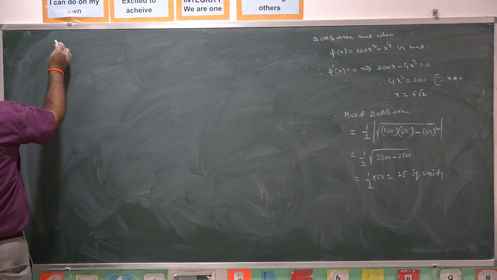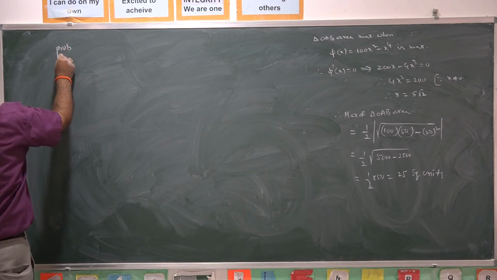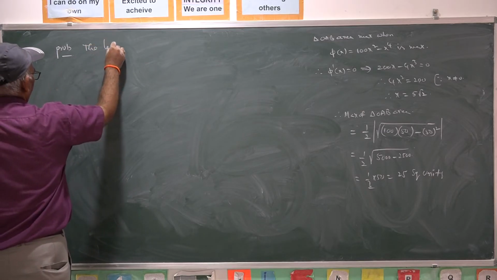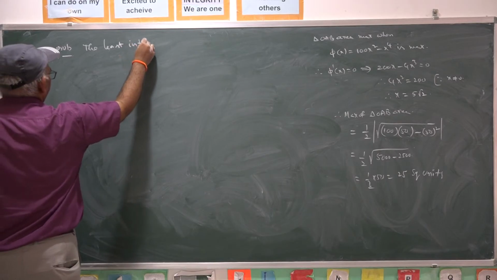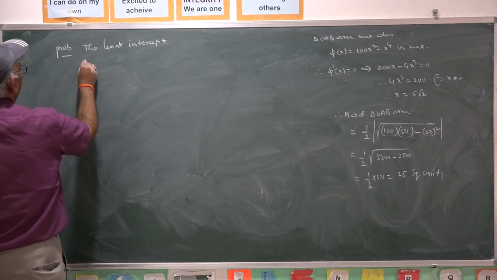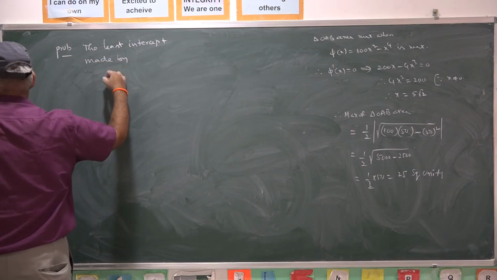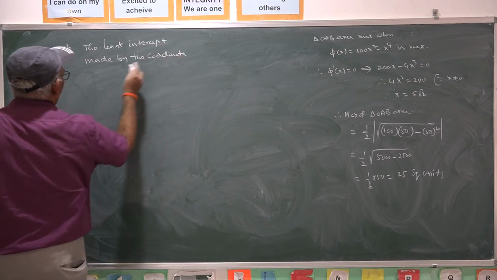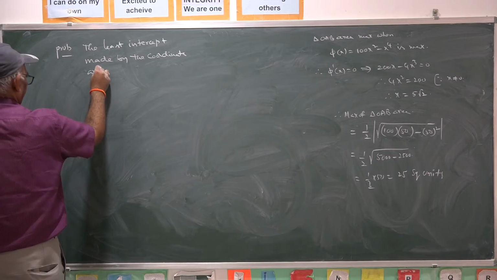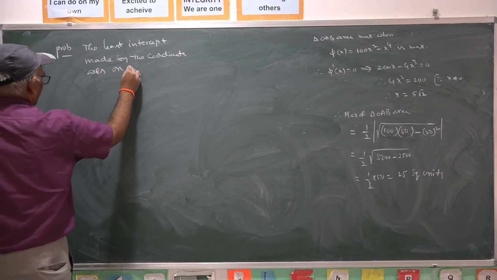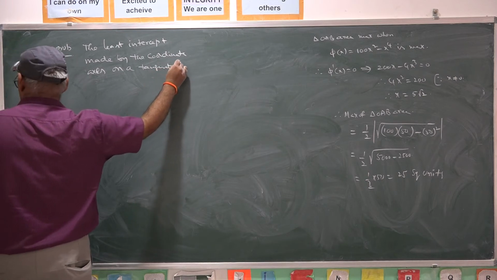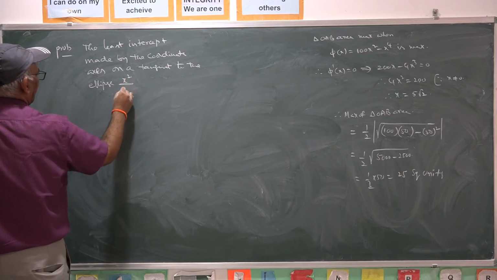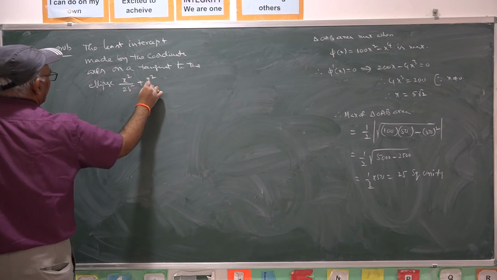Next problem. The least intercept made by the coordinate axes on a tangent to the ellipse x square by 25 plus y square by 9 equal to 1 is?